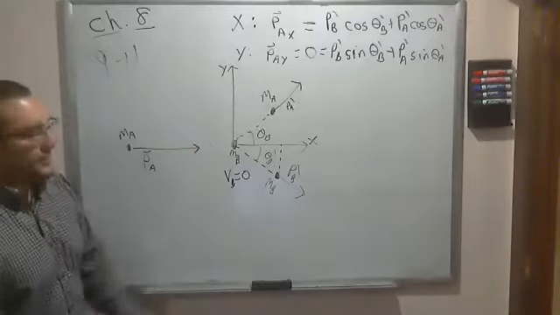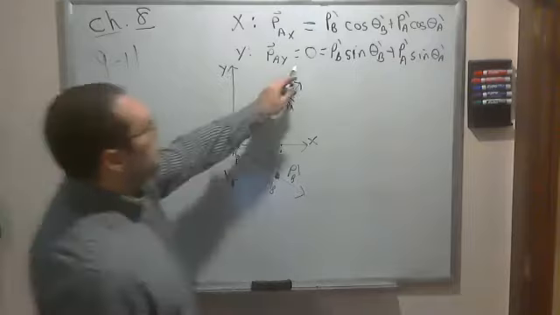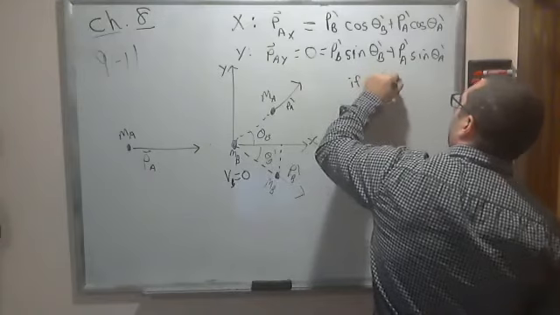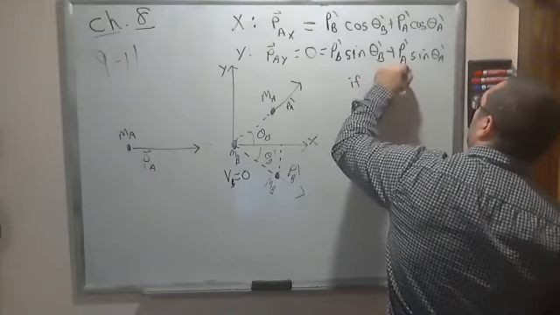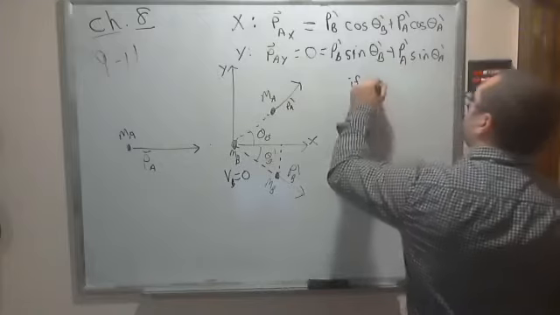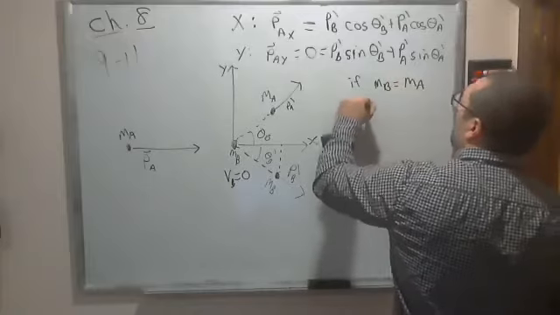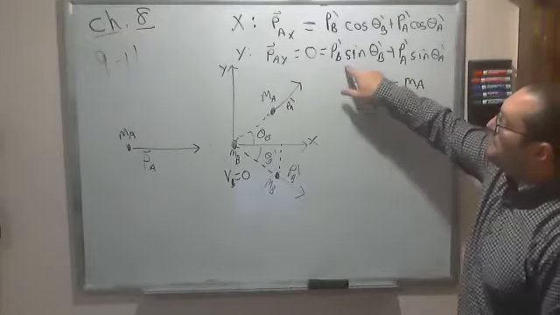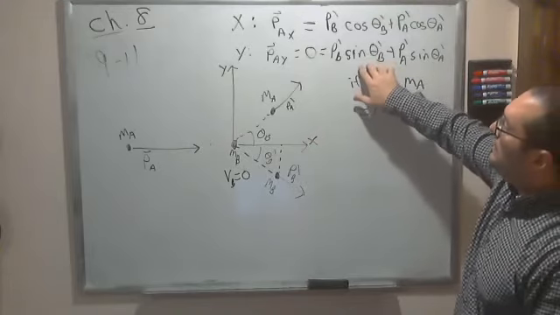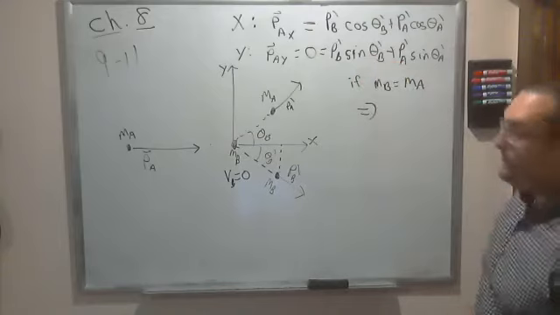The momentum in the y direction, right? Then what this implies, actually, if these two masses are equal, this implies that these two angles have to be equal as well.